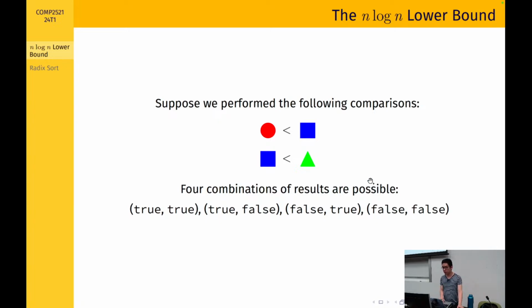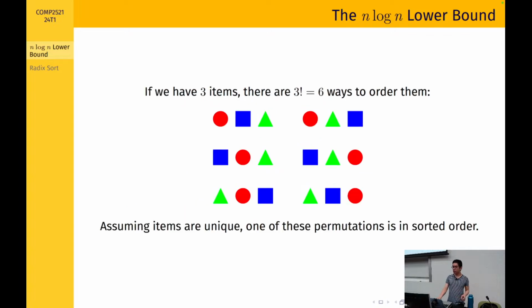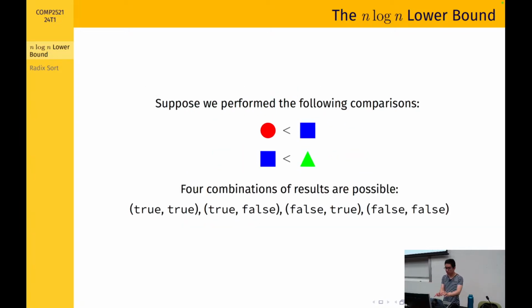So let me perform these 2 comparisons. I'm going to check, is circle less than square? And is square less than triangle? Based on these comparisons, there are 4 possible results we can get: true true, true false, false true, and false false. But remember that we have 6 possible permutations, and we only have 4 possible combinations of results.